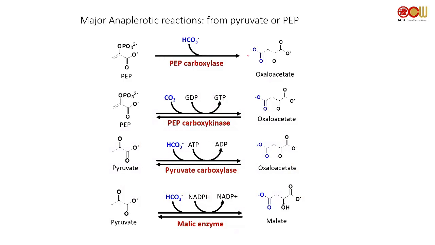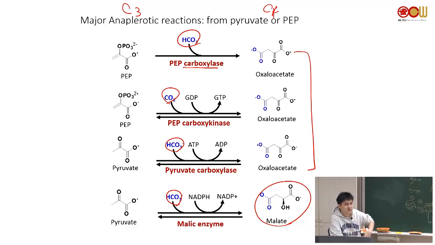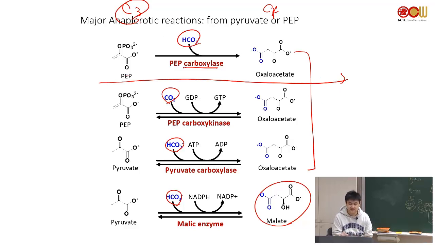There are four major anaplerotic reactions, three that synthesize oxaloacetate and one that synthesizes malate. They start from pyruvate and PEP, because there's a lot of pyruvate, and PEP is right before pyruvate, so there's quite a bit of PEP. These are carboxylases, so they capture either CO2 or bicarbonate, because these are C3 and these are C4. So you're doing carbon fixation. Have you heard in biology, in high school or middle school, of C3 plants and C4 plants? A C4 plant is C4 because it uses this kind of reaction, going from C3 to C4, as a way to bring CO2 into the plant.